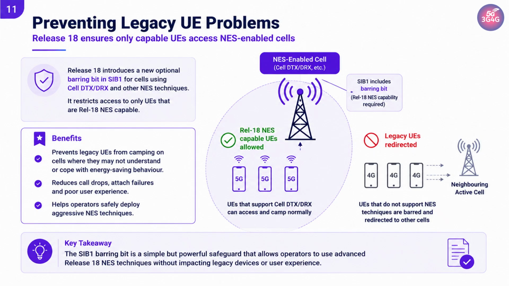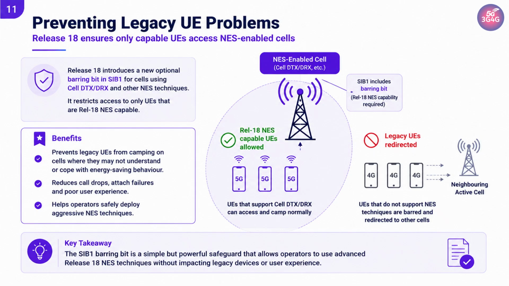To avoid this, Release 18 introduced a new optional barring bit in SIB1. SIB1 is System Information Block 1. It provides important cell access information to UEs. With the optional barring bit, the network can restrict access so that only UEs capable of supporting the relevant cell DTX or DRX behavior can access that cell.